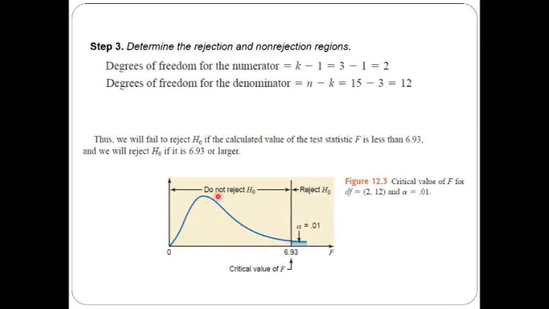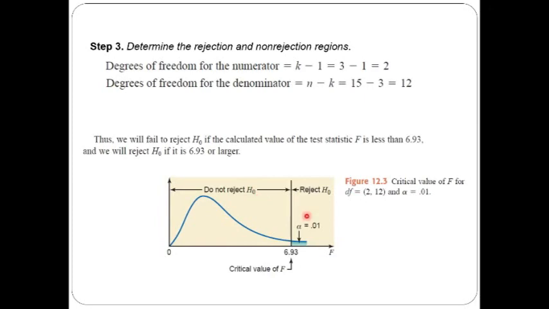Itong area na to, which is yung hindi highlighted, ito yung area ng acceptance region natin for the H sub 0. Kapag daw pumasok dito sa area na to, yung value natin for the F, ito yung magiging i-accept pa rin natin si H sub 0. Ang i-reject natin is si alternative which is yung H sub 1 natin or the alternative hypothesis.